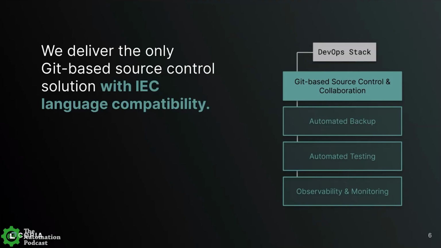Where Copia comes in, and where I think of our design philosophy, is that there's enough nuance and complexity in the industrial tool chains that we have to do some work on top of them. One thing we really focus on is IEC language compatibility. If you're doing source control, you're managing files, binary or text, but you code in ladder or function block diagram, or sometimes sequential flow chart.